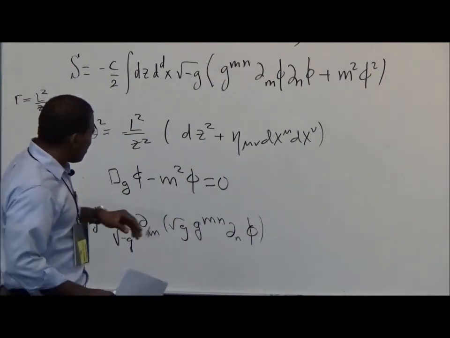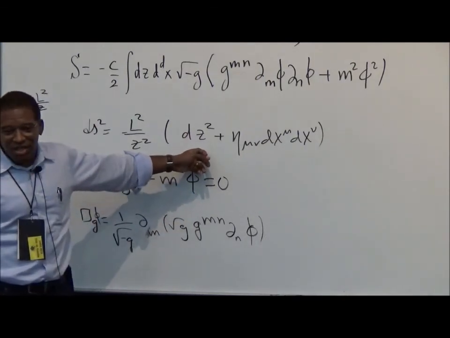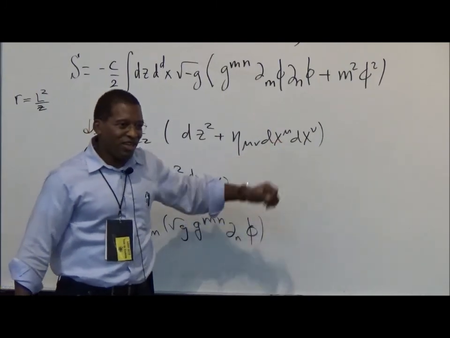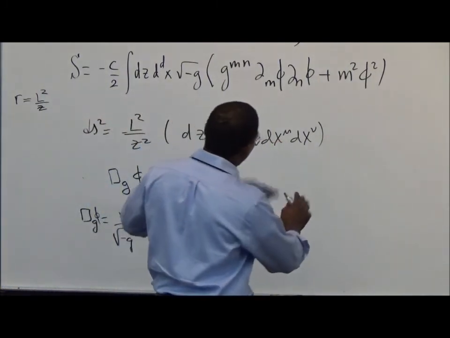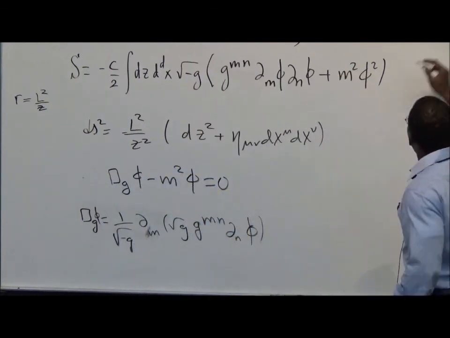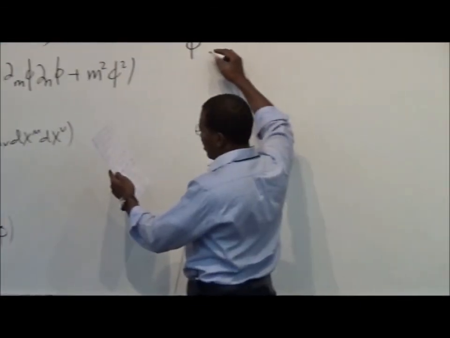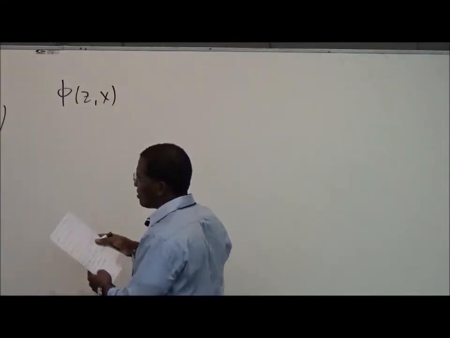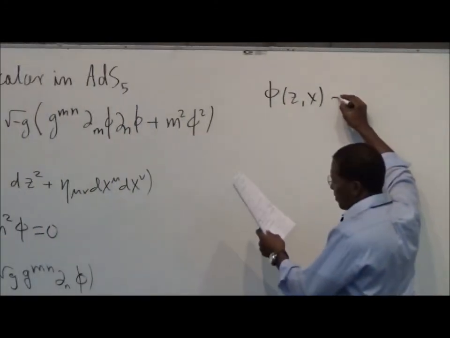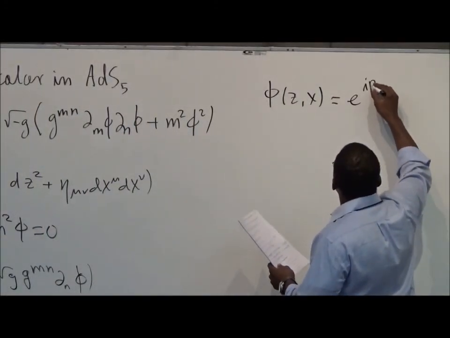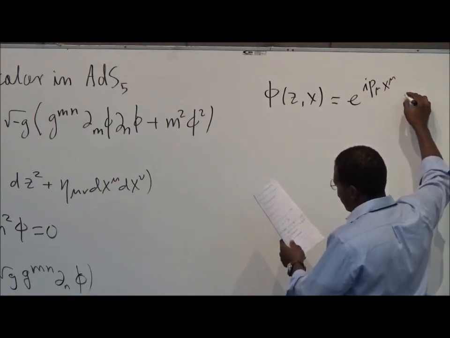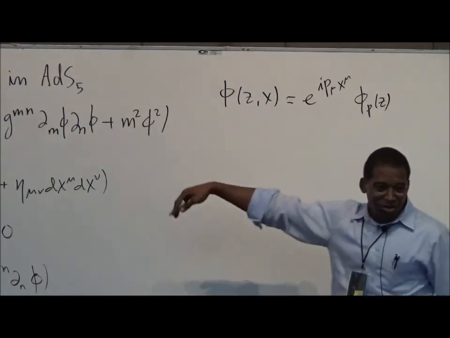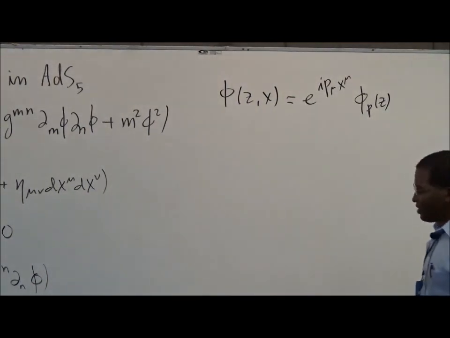Now, what you will get is something where you differentiate with respect to z, and with respect to x mu and x nu, obviously. I want to skip a few steps, so I'm going to assume already that my function phi depends on z and x, where x is this four-dimensional. I'm going to use a Fourier expansion, and then I have this mode here. This is the thing that I'm going to plug into my Laplace equation.